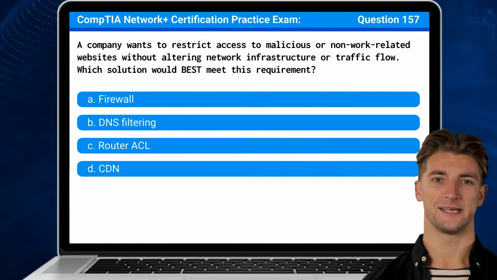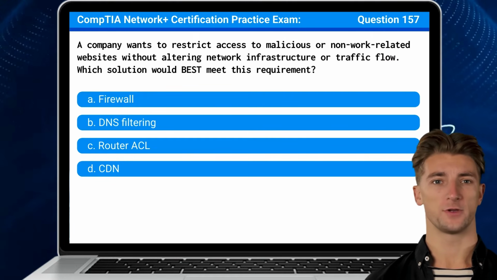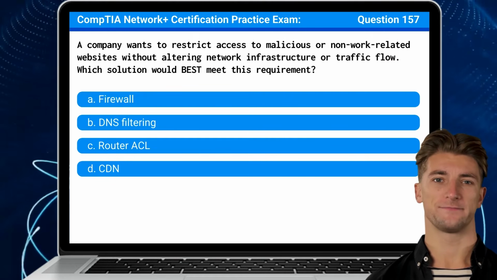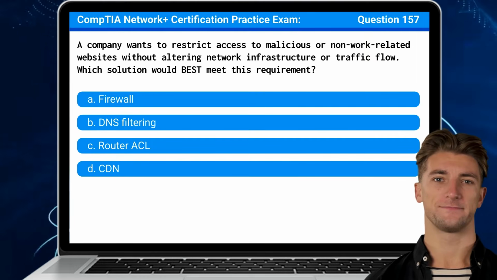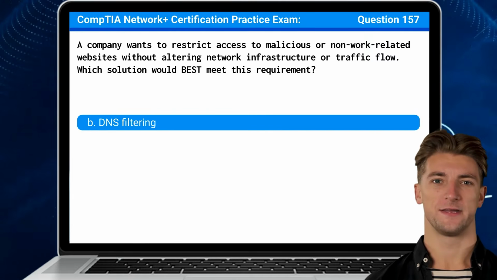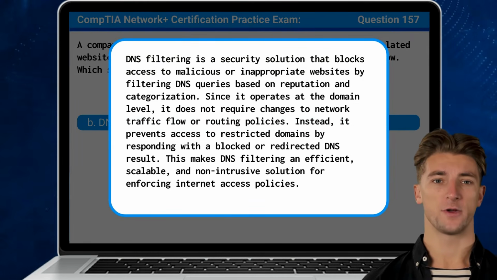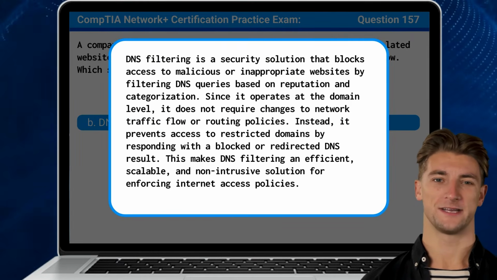Question 157. A company wants to restrict access to malicious or non-work-related websites without altering network infrastructure or traffic flow. Which solution would best meet this requirement? The answer is B. DNS filtering. DNS filtering is a security solution that blocks access to malicious or inappropriate websites by filtering DNS queries based on reputation and categorization.